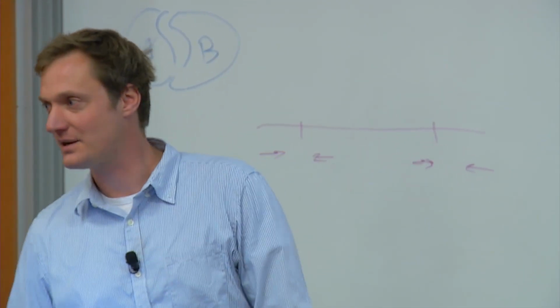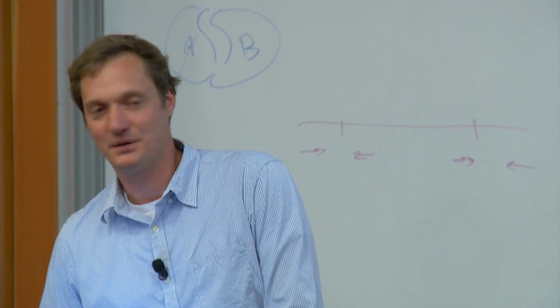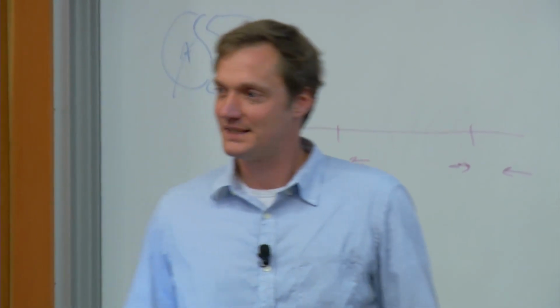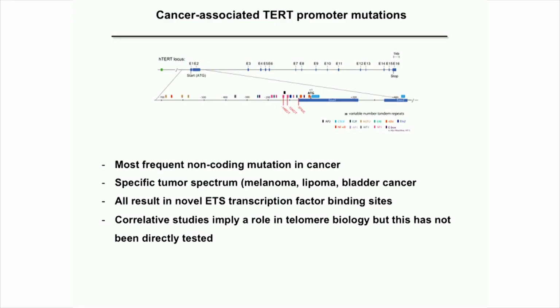And luckily, when I started my lab, there was something that just popped up that I got really interested in. It's a cancer question, and it is a report that showed that in the human genome, the most frequent non-coding mutation is a mutation in the telomerase promoter.